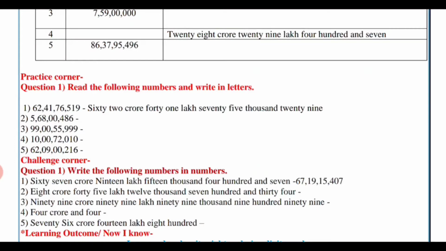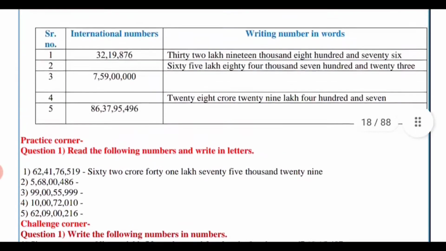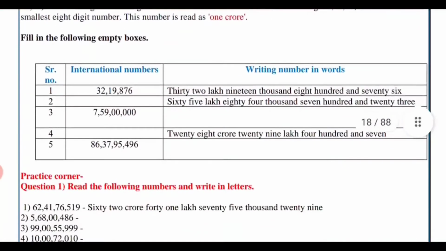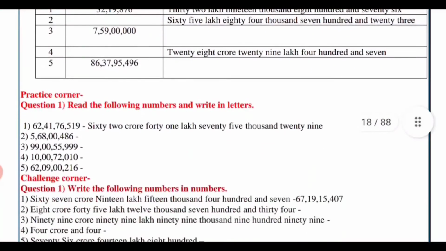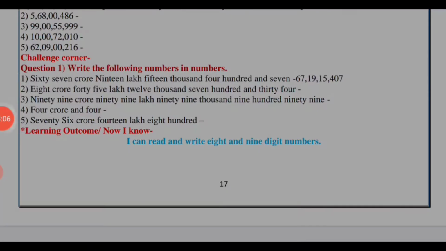This question also we will be solving in our notebook. Then in challenge corner also we have one question: write the following numbers in numbers. So these 3 questions, one from concept corner, this table, one from practice corner, and one from challenge corner, we will be solving in our notebook. So let us go to the notebook.